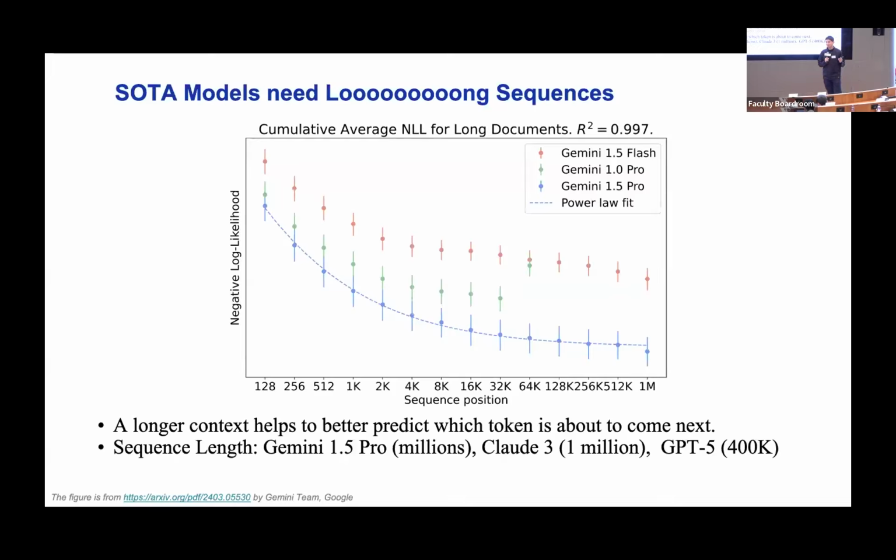The context length is very long. Why? Because with a longer sequence, often you have better results and the model is better. That's why today all the models are processing long sequences.